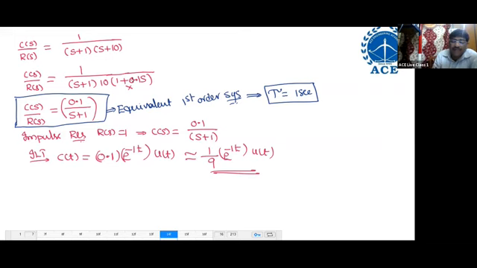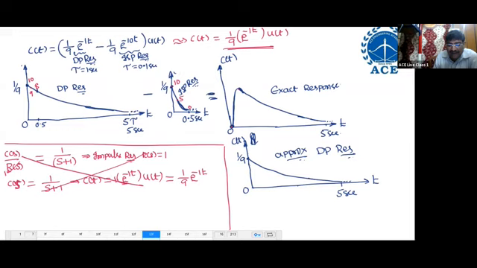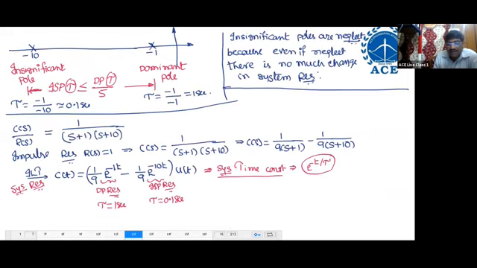For example, if I directly neglect it here, what is the system gain? System gain becomes 1. But actually, what is the system gain here? 1 by 10, 0.1 system gain. That should not change.